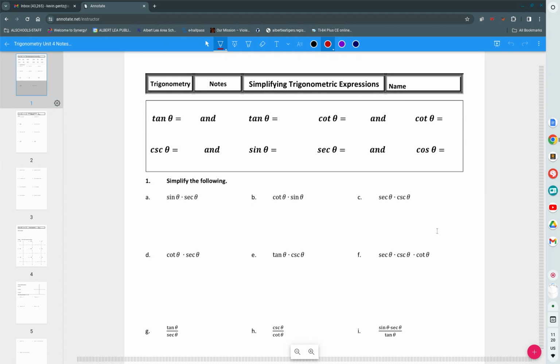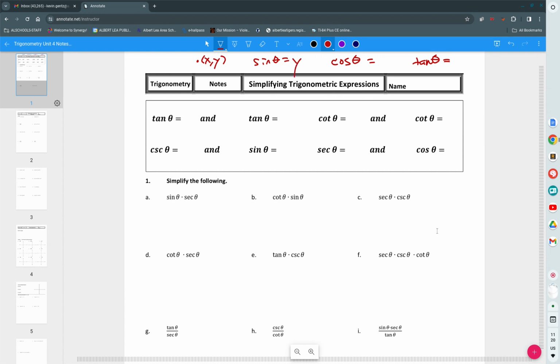If you remember when we were in the unit circle and we came up with a coordinate x, y on the unit circle, we said that sine was equal to something and cosine was equal to something. And we also said that tangent was equal to something. Do you remember if we had a coordinate x, y, what sine was equal to? Y. It was equal to the y value.